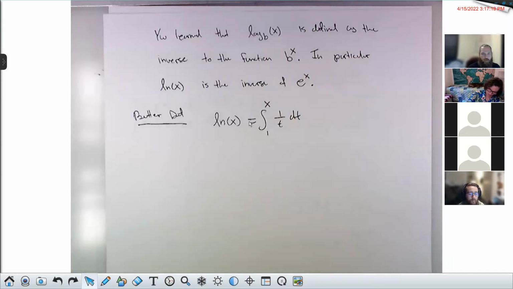And if you evaluate this integral, you're going to get ln of x, because your antiderivative for 1 over t is ln absolute value t. And then you plug in the bounds, so you get ln x minus ln 1, which is just ln x. Yay!